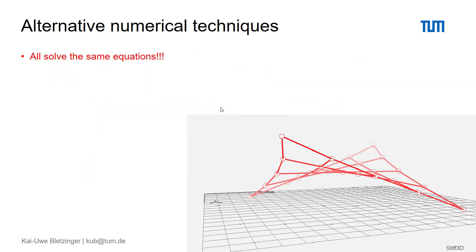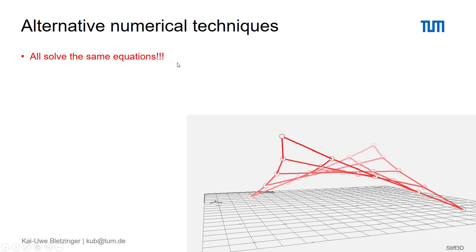We should not forget to mention that alternatively to the force density method, there exist many other techniques. But important to remember is that they all are treating the same problem, and at the end they all are solving the same equations.